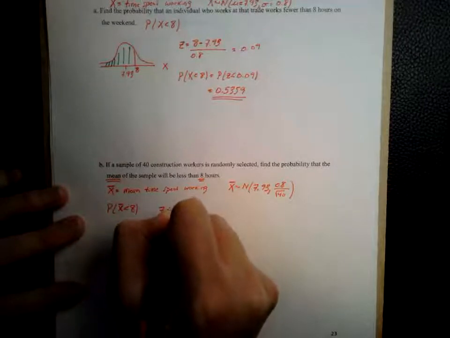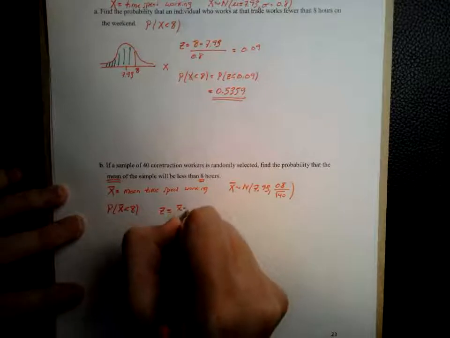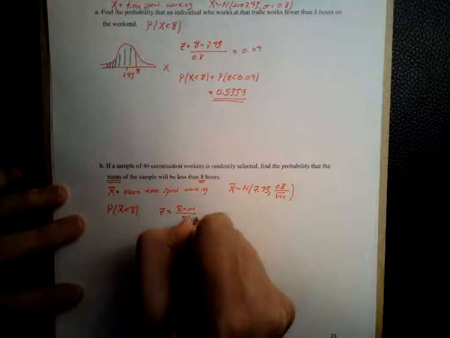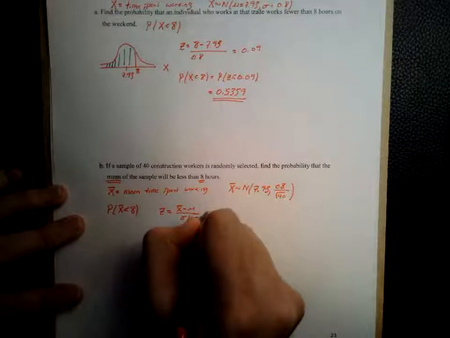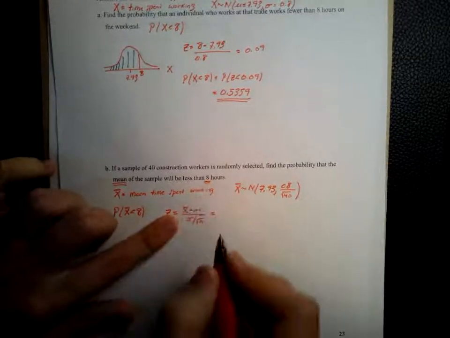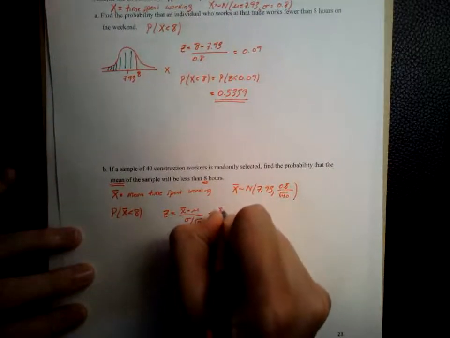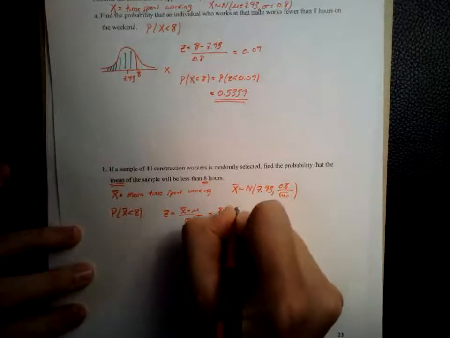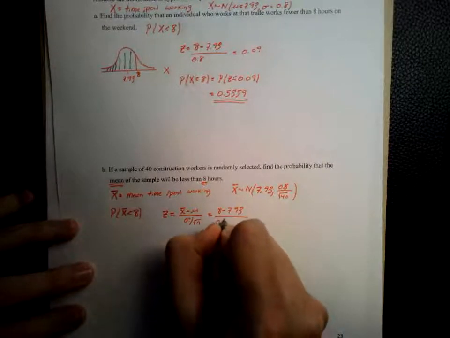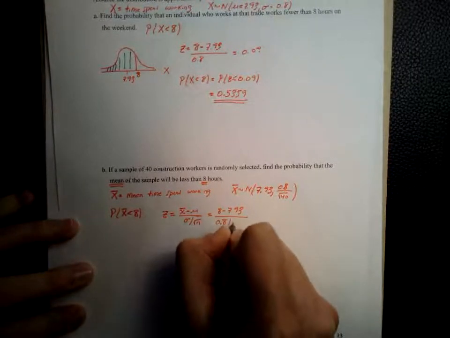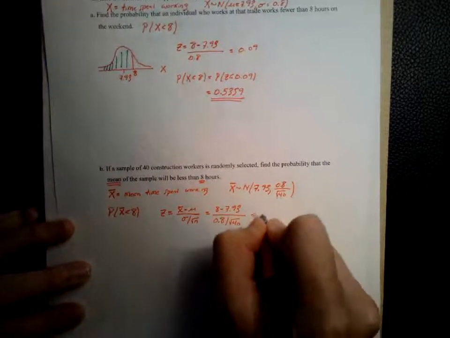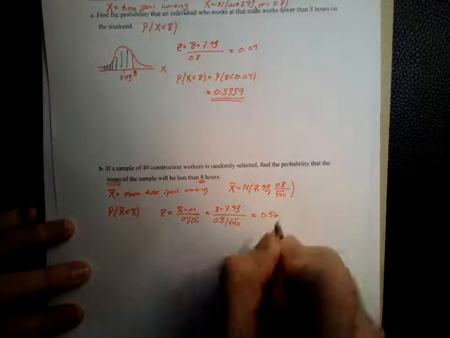So it would be this little x bar, the sample mean we're interested in, minus the mean mu, and then divided by sigma over the square root of n. And if we plug that in, the data value we're interested in, which is the sample mean of 8 hours, minus the overall mean of 7.93 hours, and then divided by the standard deviation, 0.8 over the square root of 40. To 2 decimal places, this is equal to 0.56.